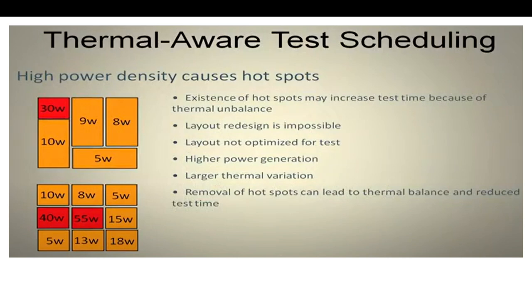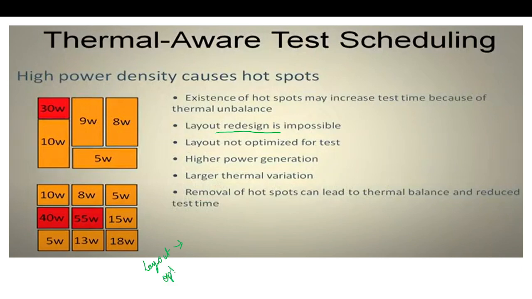Thermal aware test scheduling: high power density causes hotspots. The existence of a hotspot may increase the test time because of the thermal imbalance. Layout redesign is not possible. The layout is generally optimized for the design and not for the test.